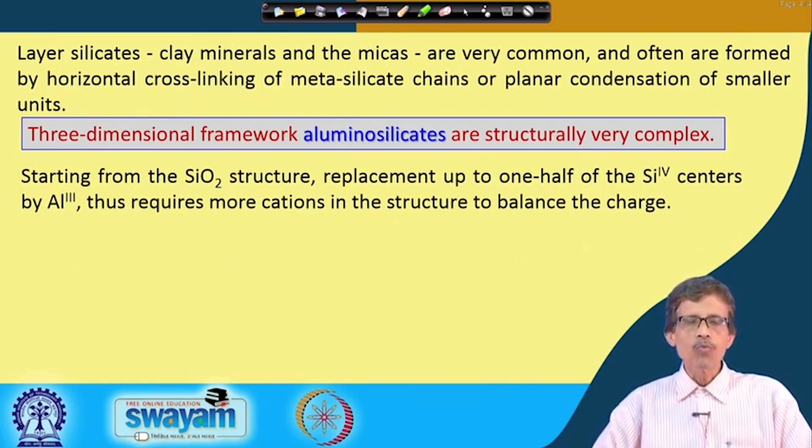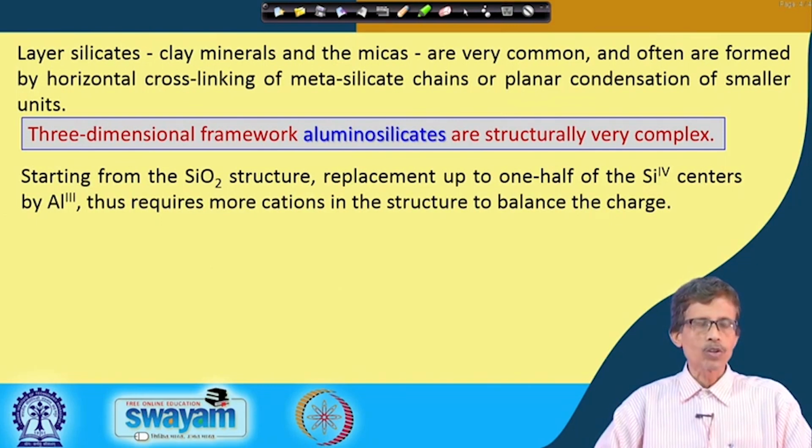Then if we replace one half of the SiO4 units by aluminum centers, that means AlO3 units, this requires more cations in the structure to balance the charge, because the tetravalent silicon centers are substituted by trivalent aluminum centers.